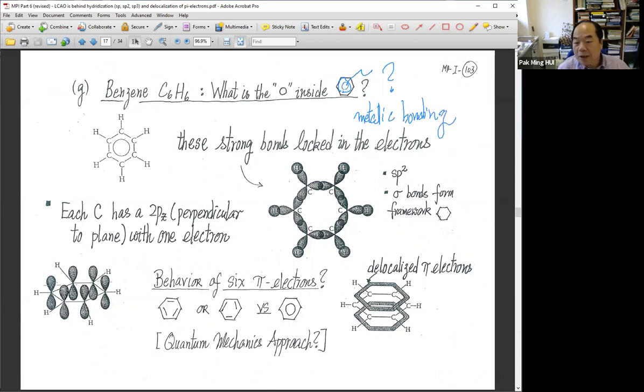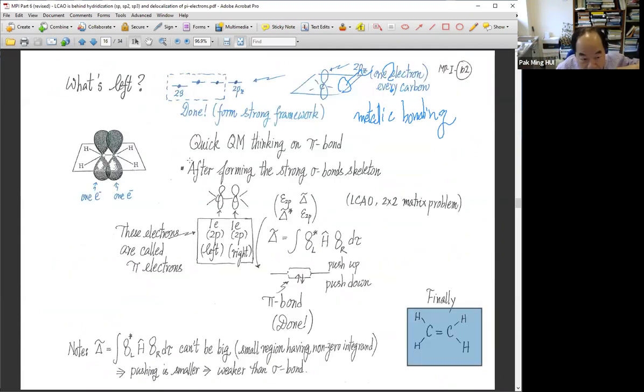The important concept is about whether electrons, the pi electrons, the one that we just discussed, so this thing, these PZ orbitals sticking out from a very strong framework. Do these electrons want to delocalize, or they would rather localize?